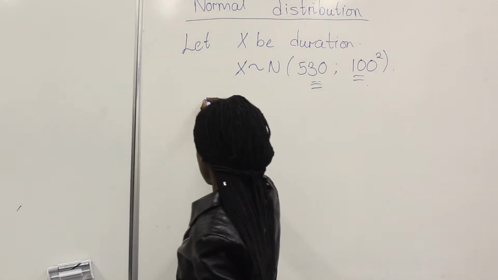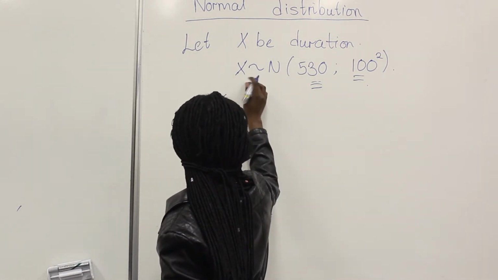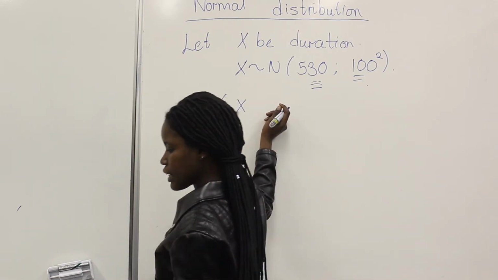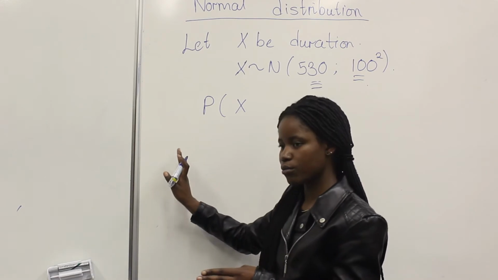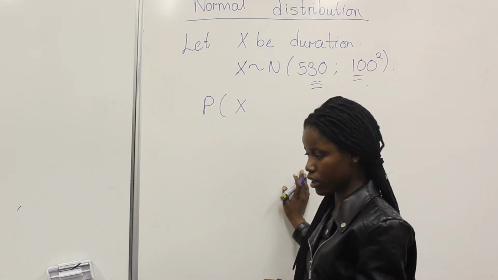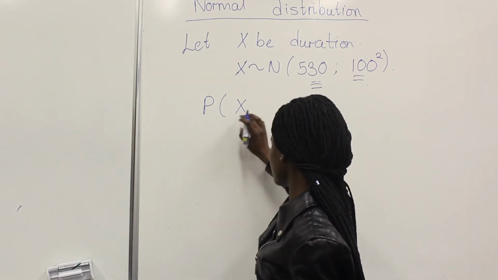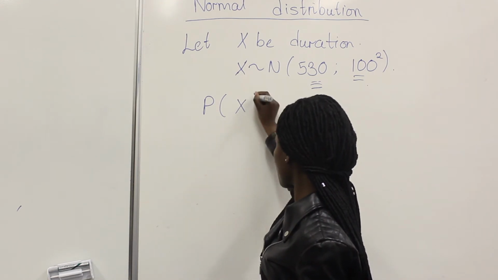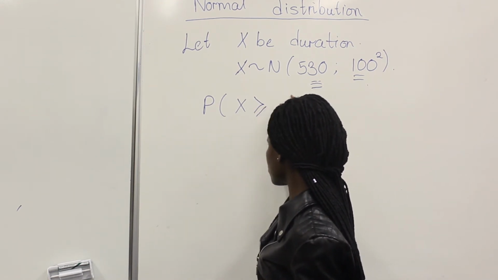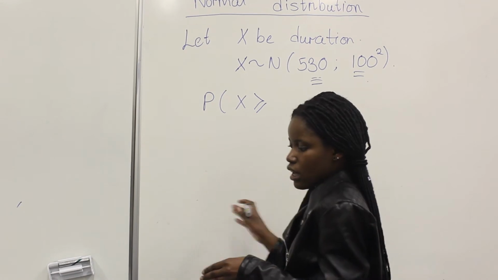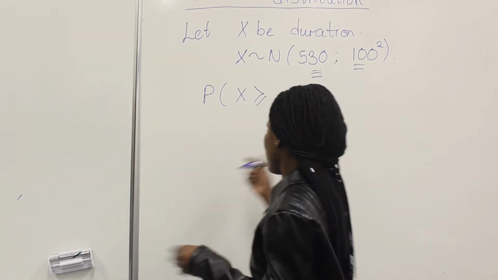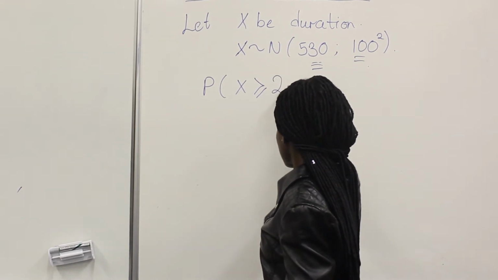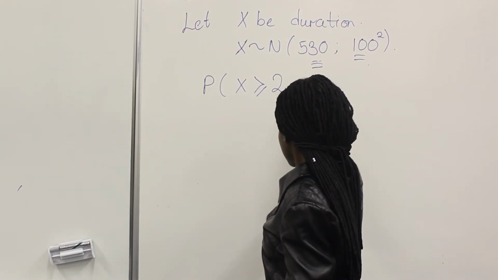We are told that at least means from 2 years and moving forward. So it's going to be the probability of x being greater or equal to, because we have to include the 2 years, it's from 2 years or more.